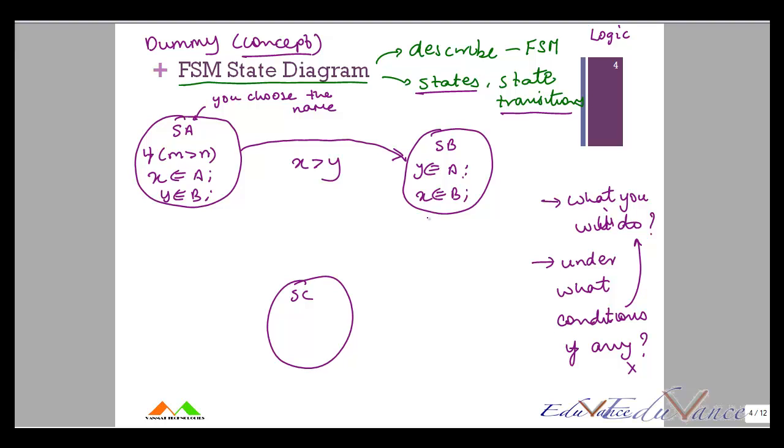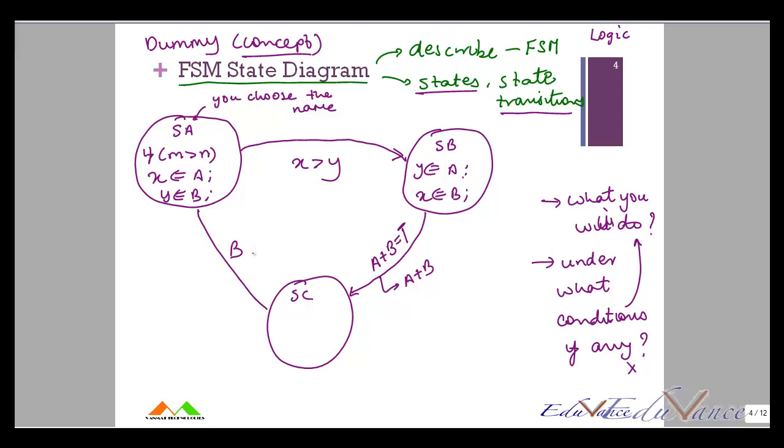If I would like to go from state B to state A or state C, then let me take the condition if A plus B is equal to 1. So if A plus B is true, I can also write this as just A plus B, which means that if A plus B is true, then I will go from state B to state C. And then from state C to state A, I will go when B is true or B is 1.